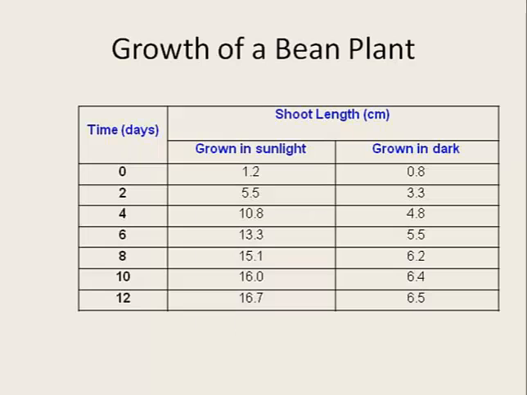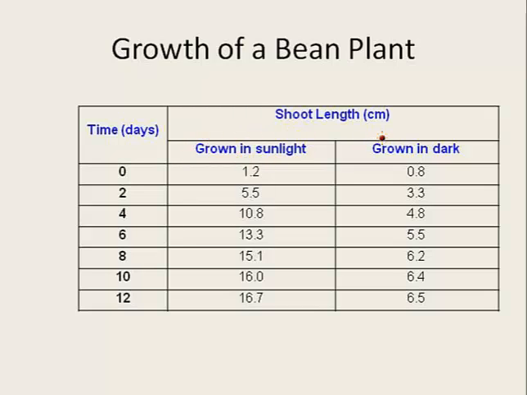Okay, so what we're going to do is use information from an experiment on the growth of a bean plant. If you take a look at this data table, you can see that it represents an experiment in which we grew a bean plant. Some plants were grown in the sunlight. That would have been the test group.